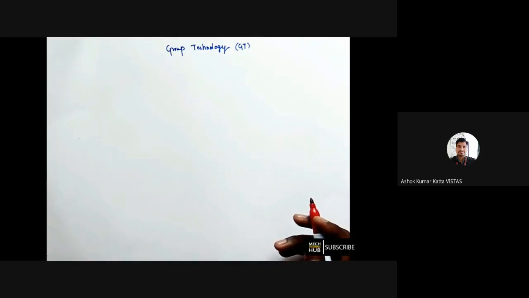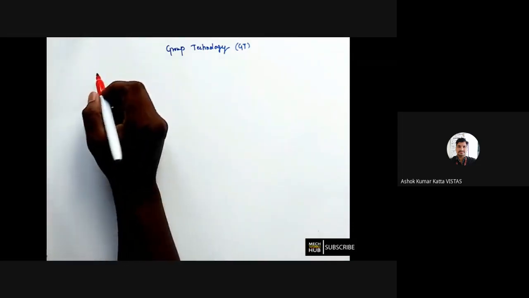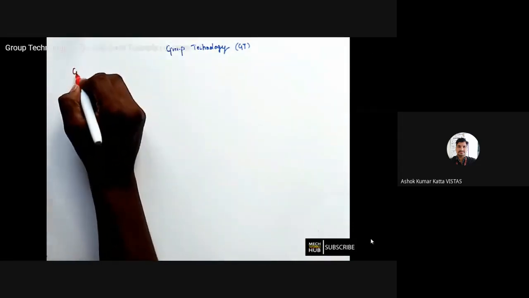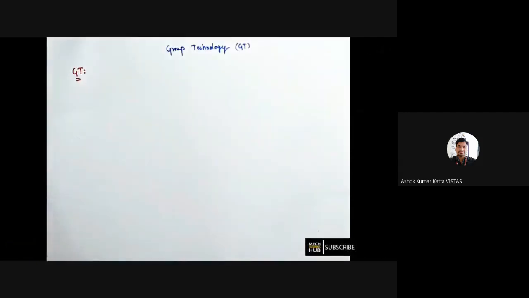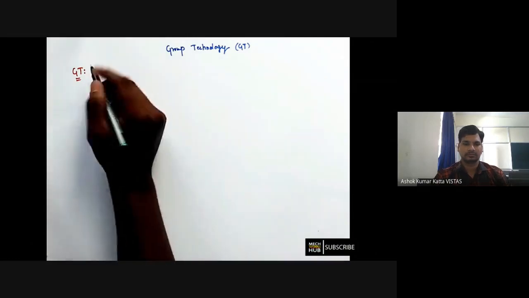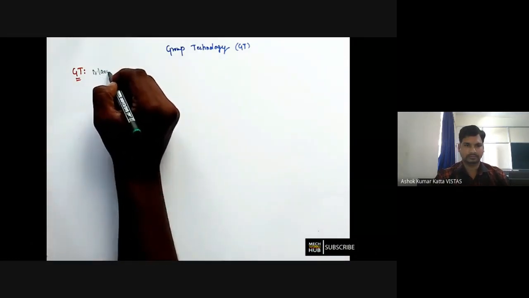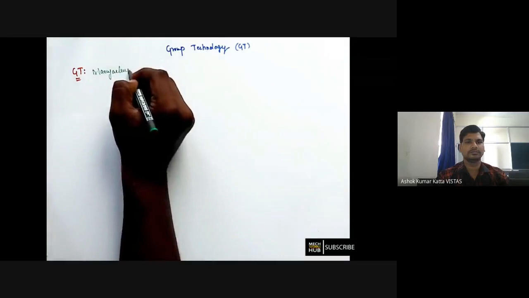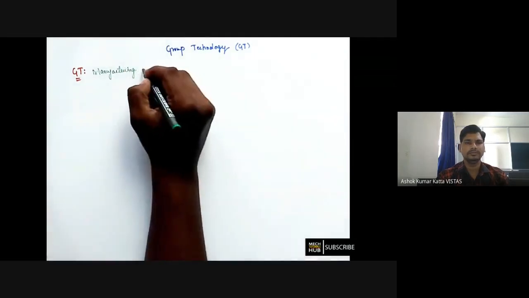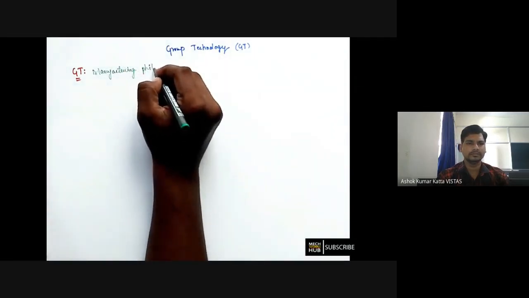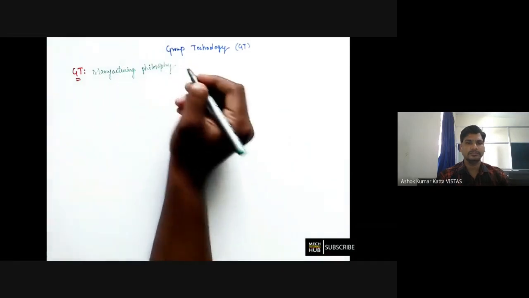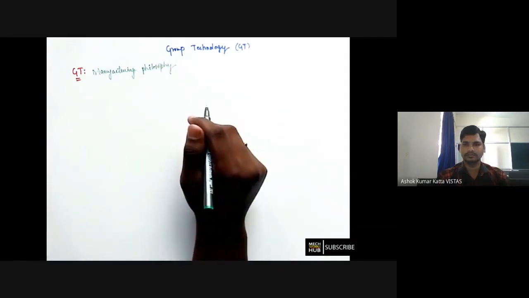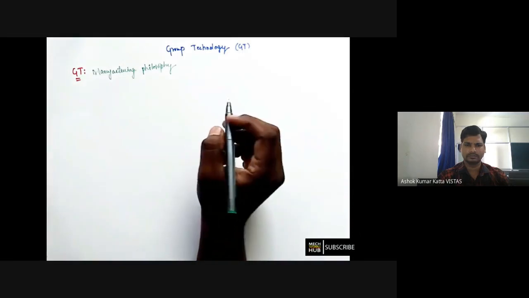Now in general, group technology is nothing but a manufacturing sequence. It is a manufacturing sequence where similar parts are identified. GT is nothing but a manufacturing philosophy in which similar parts are identified and grouped.